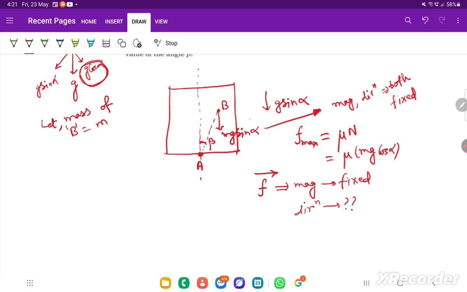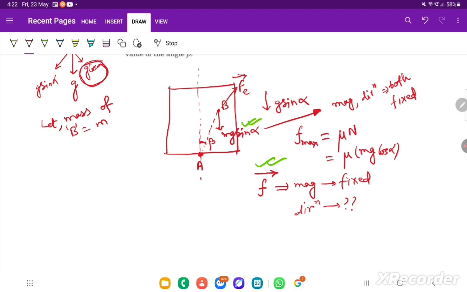So this is the one force, this one is the second force, and there is another electrostatic force if we assume that A and B both are positive by convention. So we'll have an electrostatic repulsion force along this direction, the line joining A and B. Let's denote this by Fe, the electrostatic force.